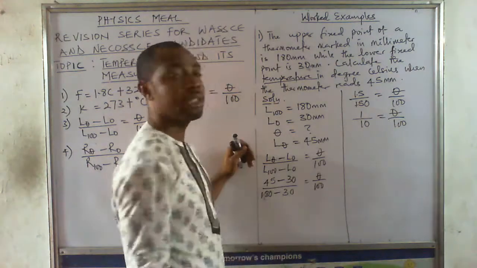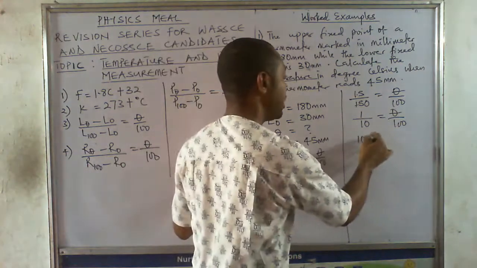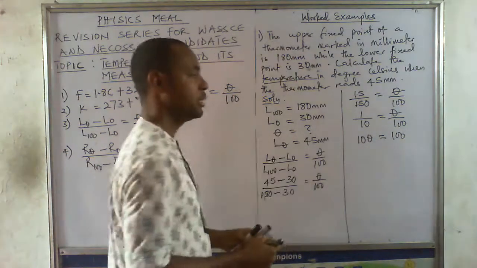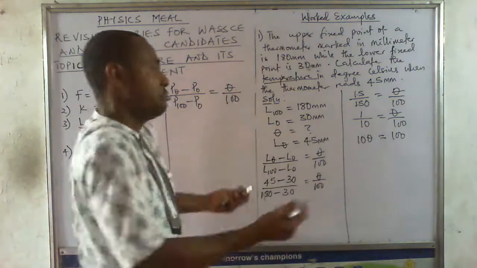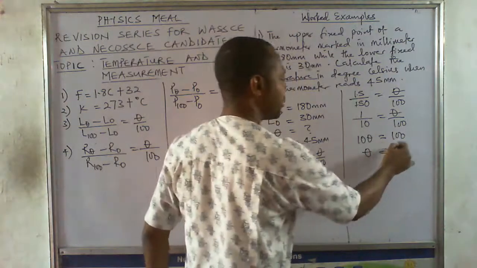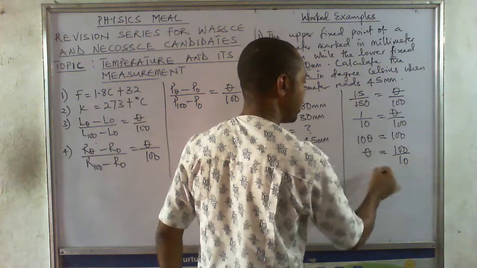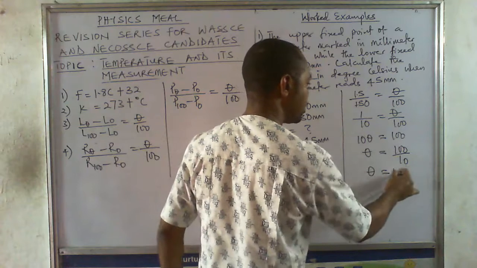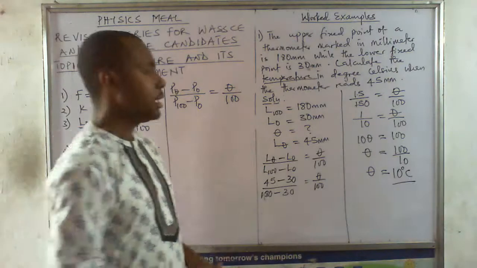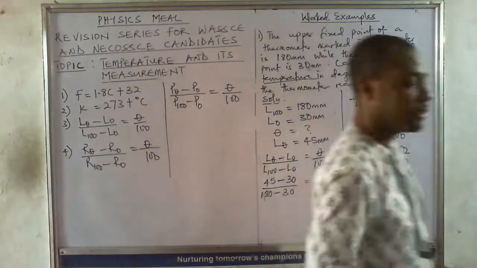If we clear this fraction, we have 10 theta equals 100. Making theta the subject of the formula, I divide both sides by 10, so I have 100 over 10. So theta becomes 10 degrees Celsius.